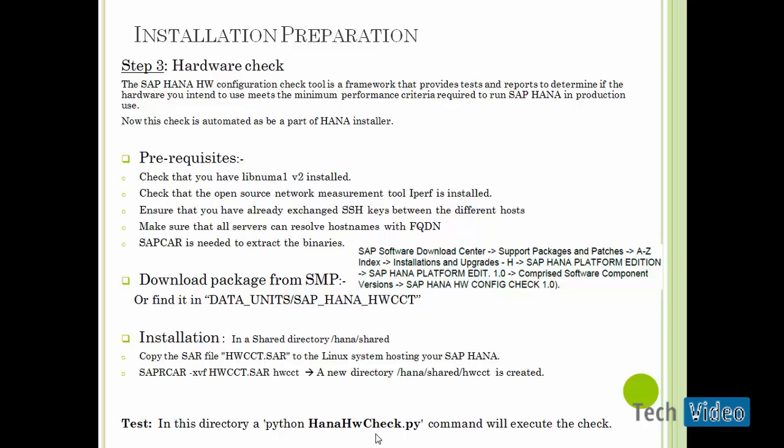Based on the result, you can proceed, otherwise do the necessary corrections. As said earlier, this check is now automated to be a part of the HANA installer itself, so there is no need to exclusively run this step unless it is very much necessary.